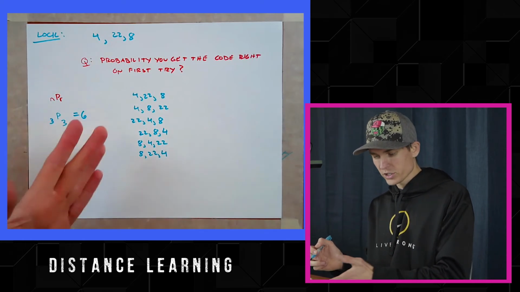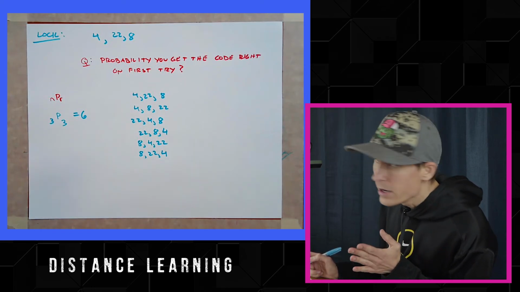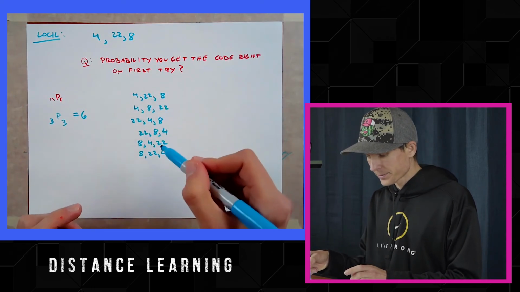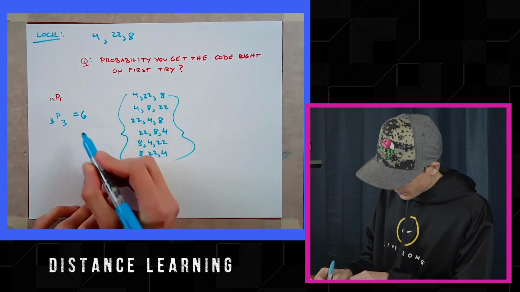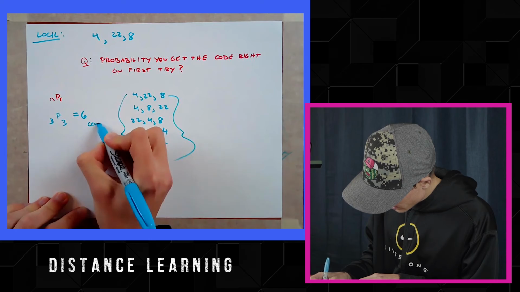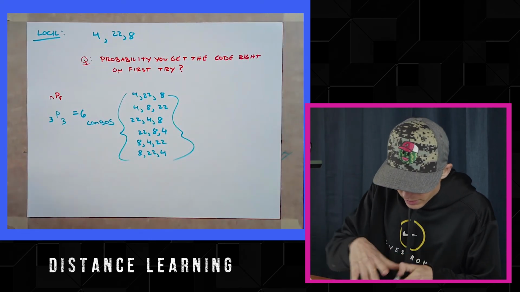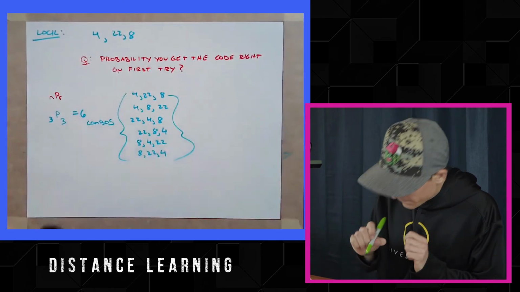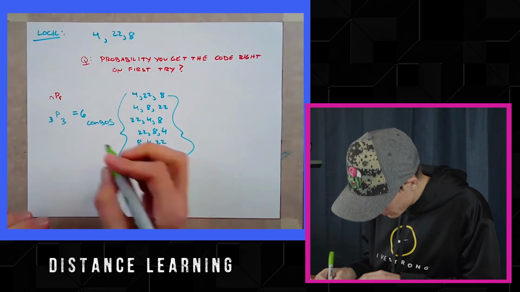Can you think of any other combinations it could be of those 3 numbers? No. It's one of these. So there's, as our math showed us, 6 combos. Okay? How many combos work of these 6 combos? There's one combo.